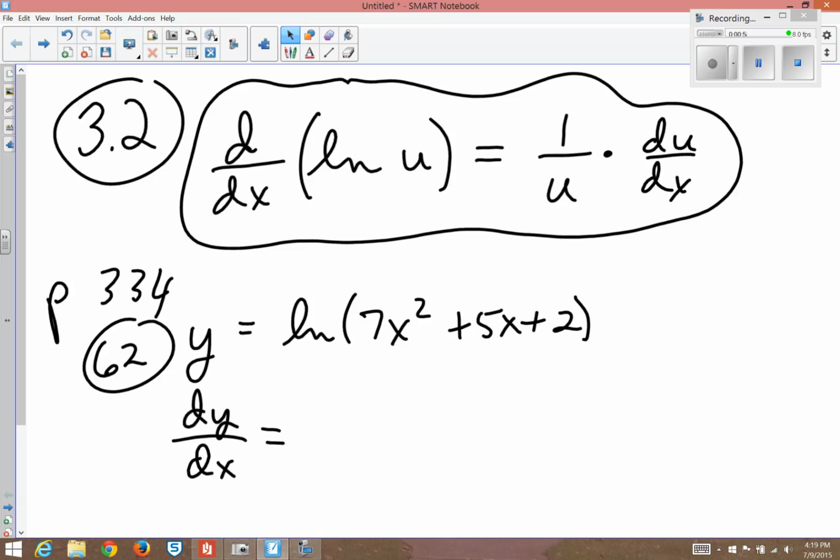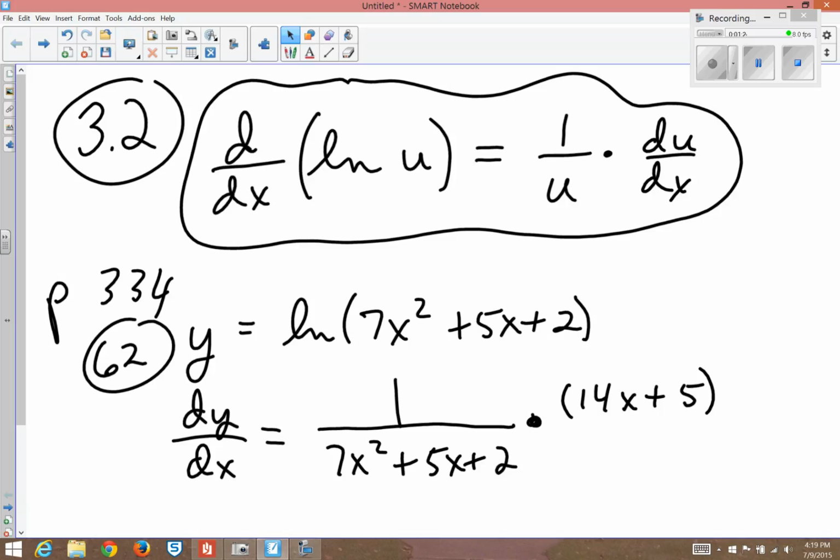It's very simple, it's 1 over this thing in the parentheses times the derivative of the thing in the parentheses. That's all. Anytime we have the natural log of anything, the derivative is always 1 over the thing in the parentheses times the derivative of the thing in the parentheses.